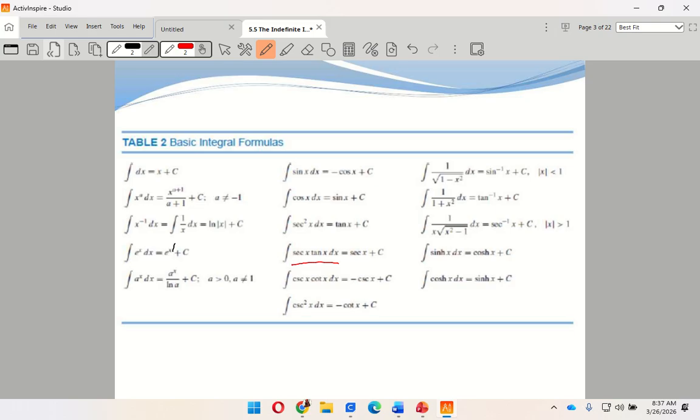Oh, so you guys have this page, right? Yeah, okay. So yeah, it's secant tangent. So that's going to be of secant. So it's like going backwards. So if I know the derivative of secant, I can try and keep that in my mind that derivative of secant is secant tangent. So antiderivative of secant tangent is going to give me secant.